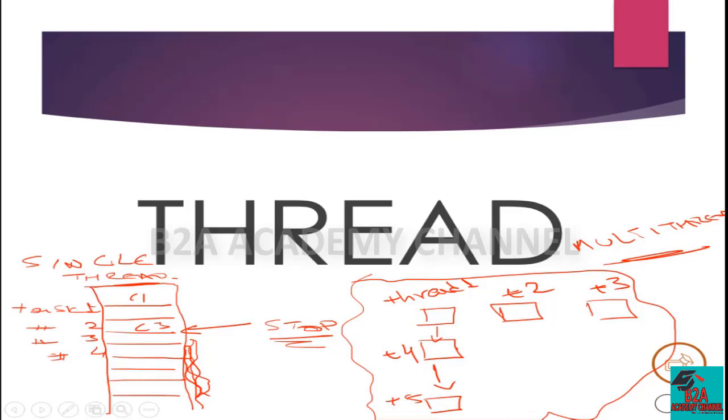Okay, so threads are lightweight processes. We can write programs where a single thread runs as a single process, which is actually the running instance of the application.